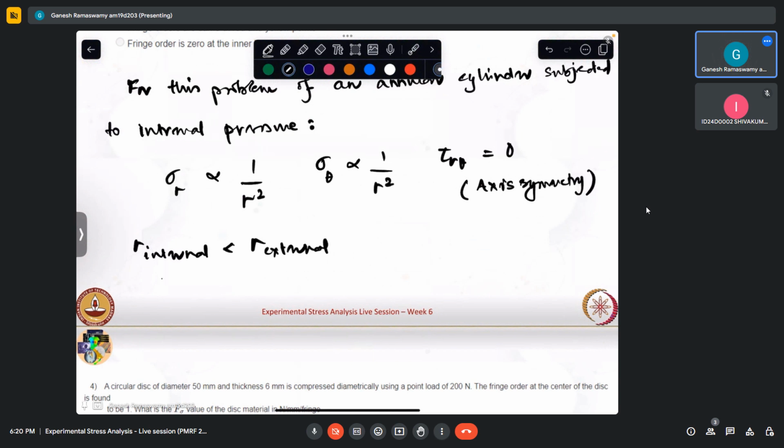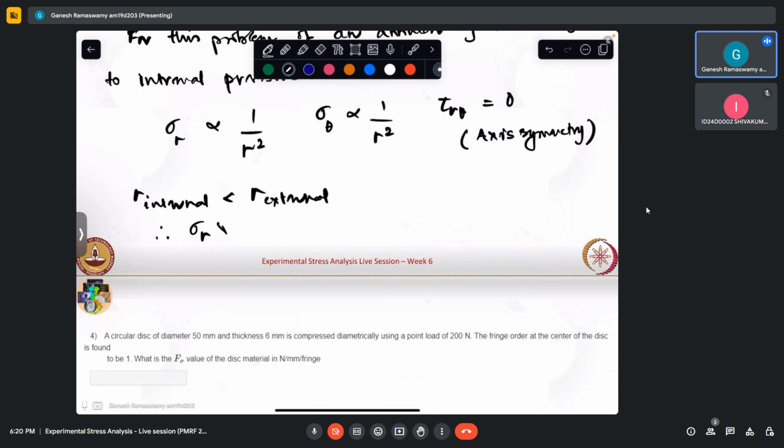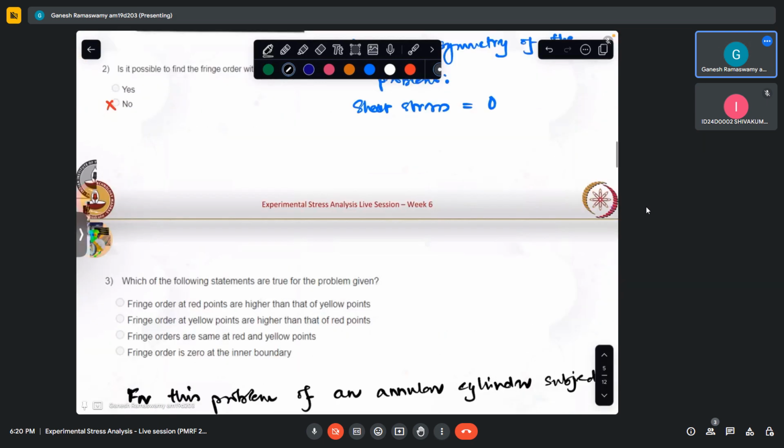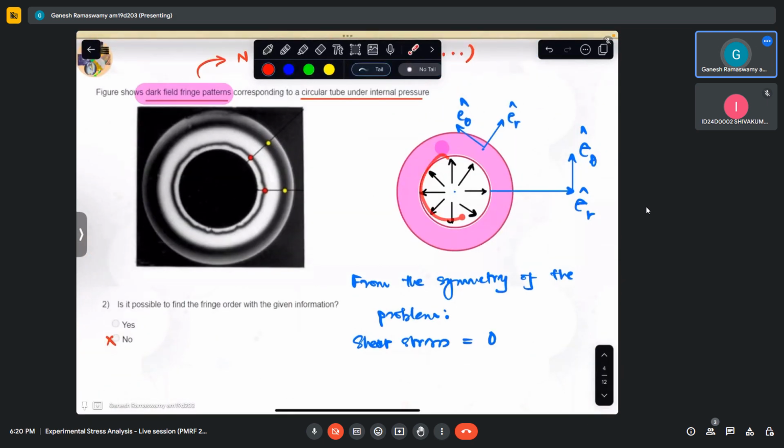Therefore sigma r and sigma theta for the internal is greater than sigma r and sigma theta for the external. Internal and external, I mean the inner and outer surface of the cylinder.